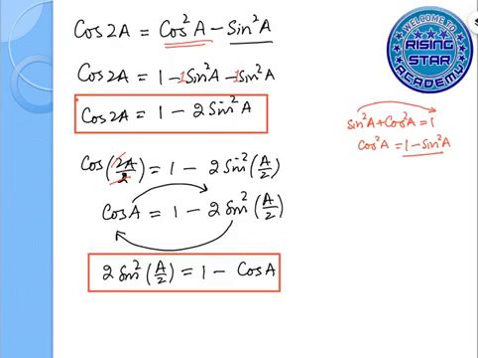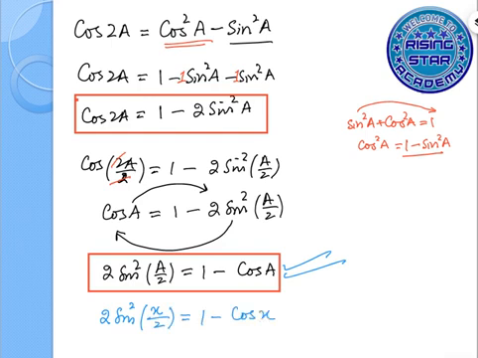Okay, dear students, here we proved that 1 minus cos of A is equal to 2 sine square A over 2. If I replace this with x, so that would be 2 sine square x by 2 is equal to 1 minus cos of x. So I will use this formula over there.